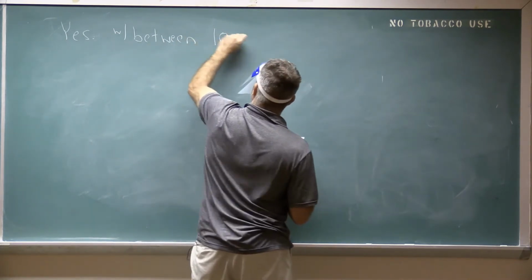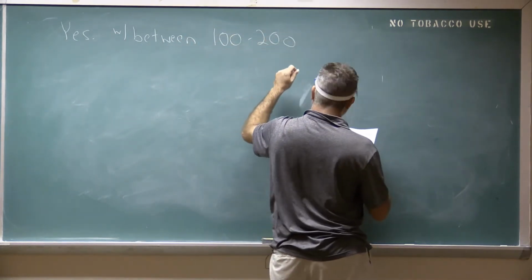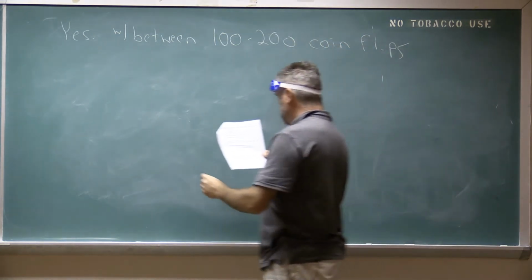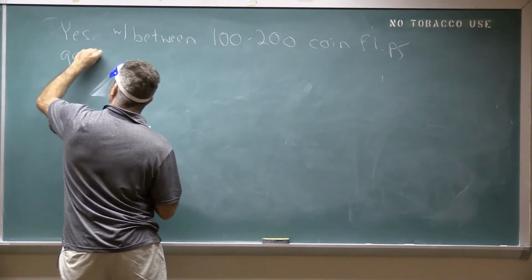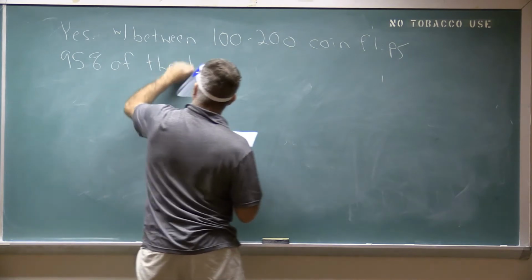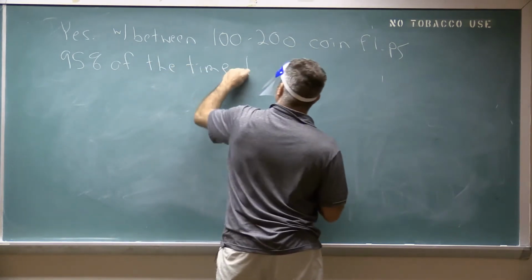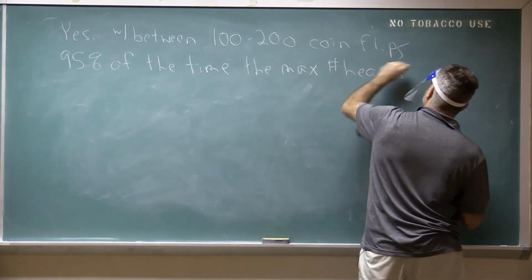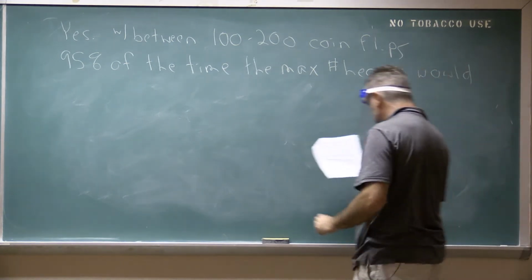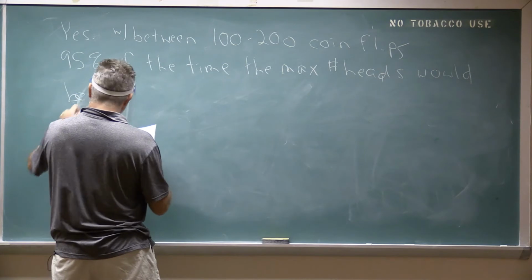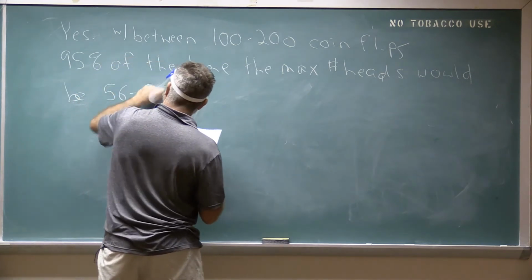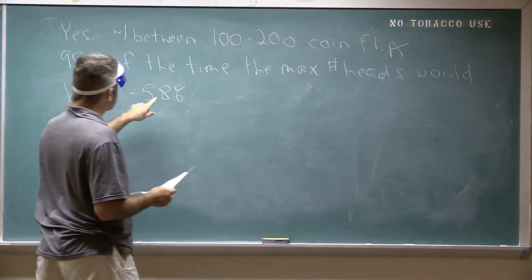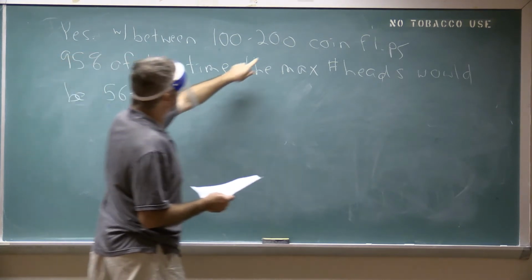With between 100 and 200 taste tests, well, let's say coin flips, 95% of the time, the maximum number of heads would be between 56 to 58%. 56 when you have 100 coin flips or taste tests, 58 when you have 200 of them.